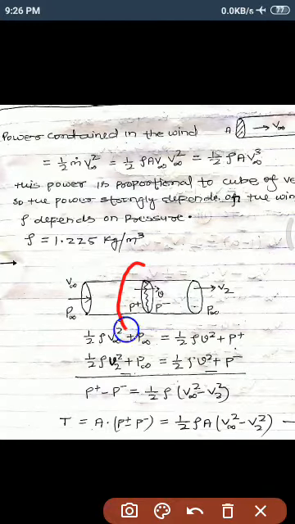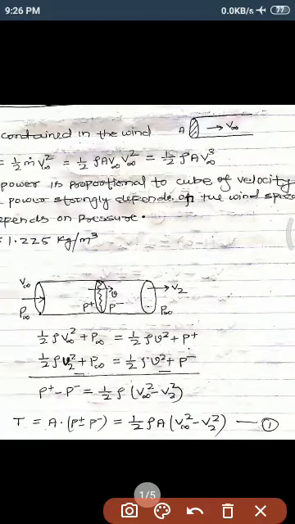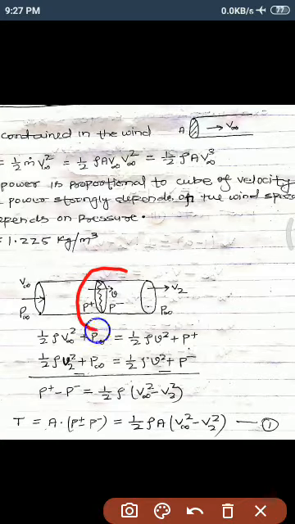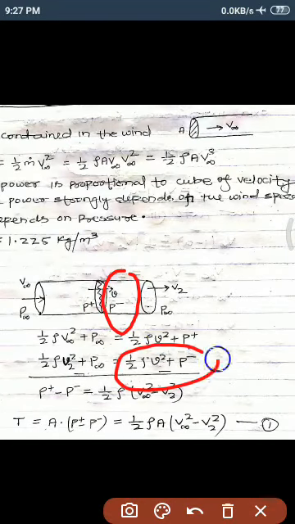Then at this surface it can be written as p positive plus half rho v square. The same principle can be applied in this region as p infinite plus half rho into v2 square is equal to p negative plus half rho into small b square.